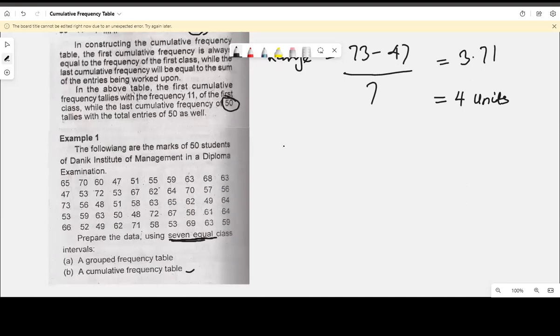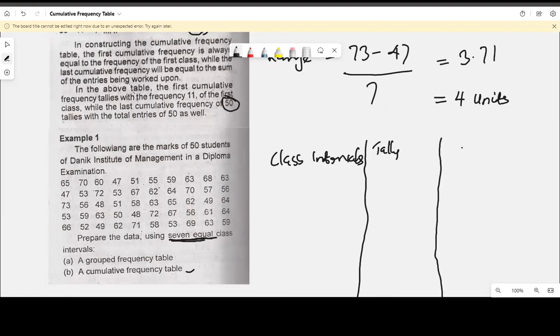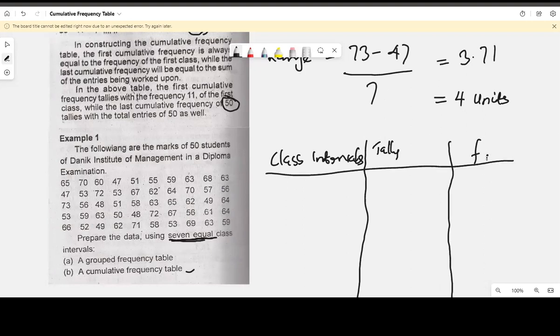So let's do that. Have class intervals. We have the tally. Then we also have frequency. Let me just use F. I can even write it too since I have enough space here. So now, if you're having 4 units in each of the intervals, remember that the lowest number there is 47.